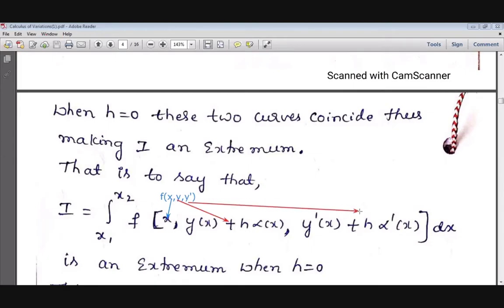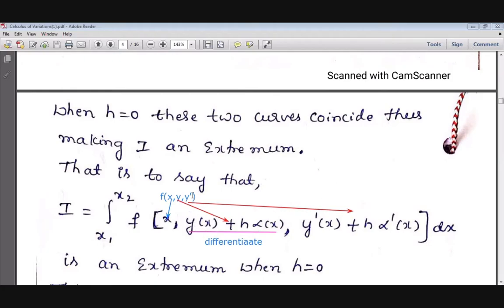Then y dash, how will this y dash come? Differentiate this. Differentiation of y of x is y dash of x, and differentiation of h alpha of x is h alpha dash of x.